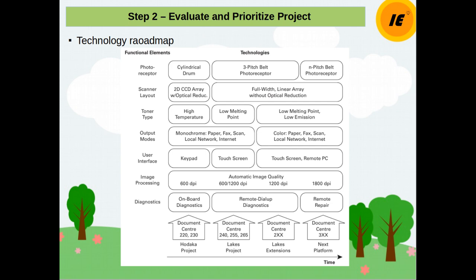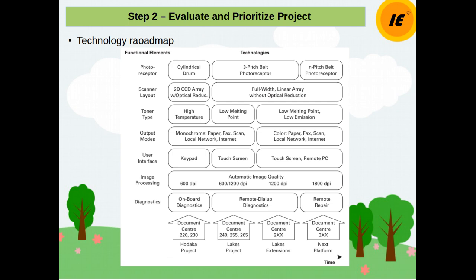For example, the photoreceptor was previously a cylindrical drum, then a 3-pitch belt photoreceptor, then an n-pitch belt photoreceptor. In the case of scanner layout, it can be a 2D CCD array with optical reduction. That was the previous technology. Now people use a full width linear array without optical reduction.